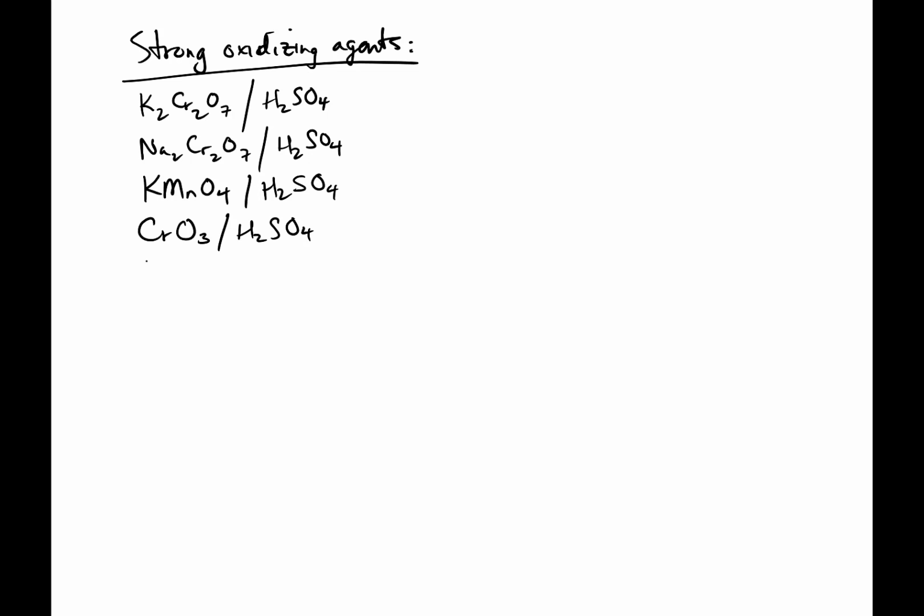Don't be surprised. Here's another one. Again, if you're watching these on YouTube videos, H2CrO4, chromic acid. So those would be strong ones, okay? And I don't think you'll see anything outside of that. Now, a weak oxidizing agent. There are a number of these.